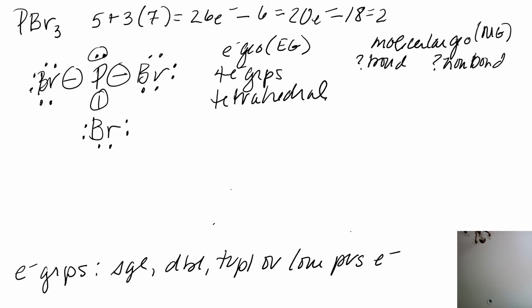These are going to be B and NB from now on. Of those 4 electron groups, 3 are bonding and 1 is non-bonding. So if you refer to that table, you will find that the molecular geometry is trigonal pyramidal.